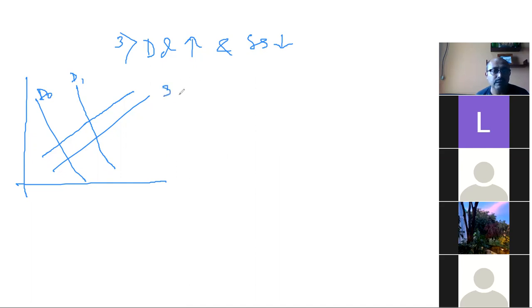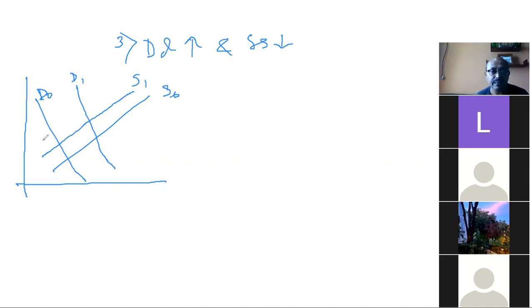You all should follow this. This is S1. Now you see demand is increasing, it is putting upward pressure on price. Supply is decreasing, so it is also putting upward pressure on price.